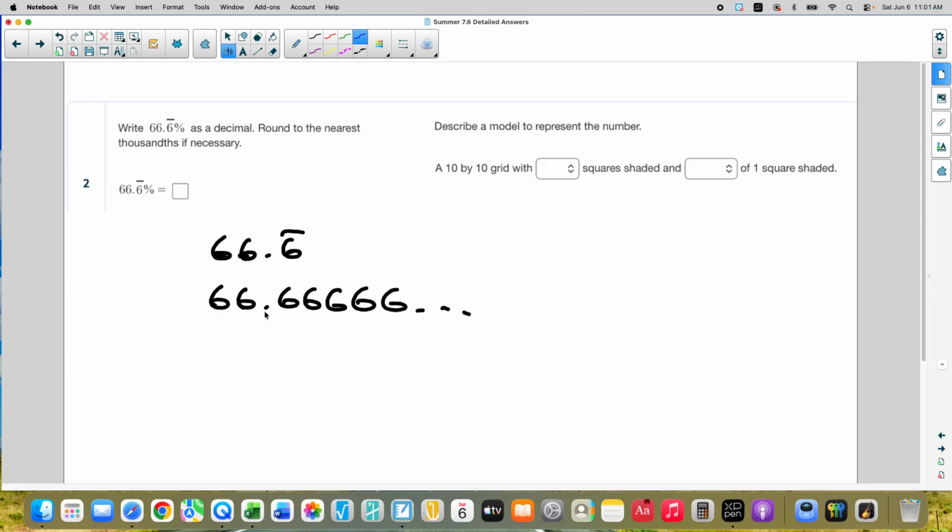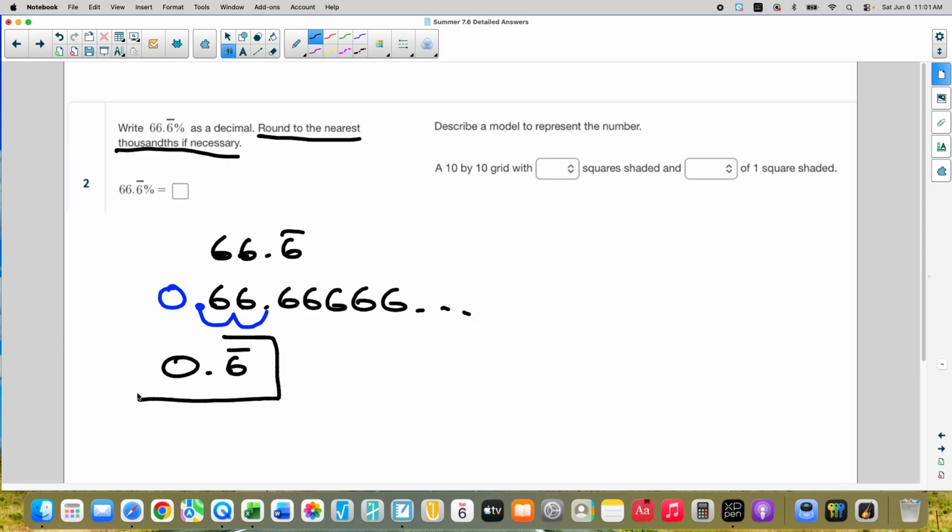So if we take this decimal point and move it 2 places to the left, there's going to be a 0 there. So the proper way of writing it as a decimal would be 0.6 repeating. But notice it says round to the nearest thousandths if necessary. Well, technically it's not necessary. We don't have to round it. This should be the answer.